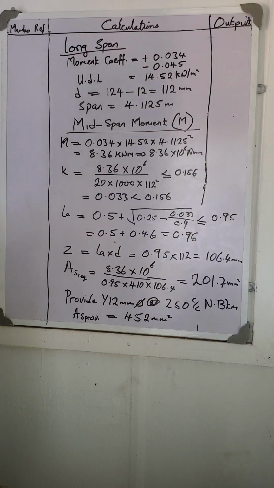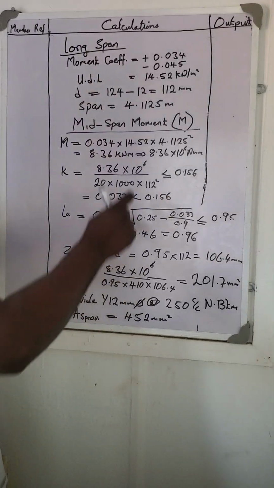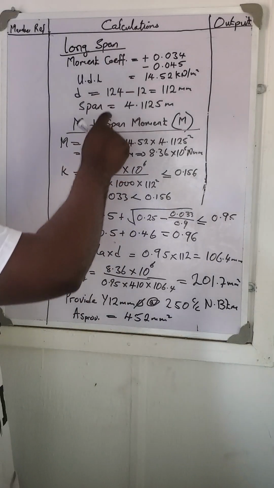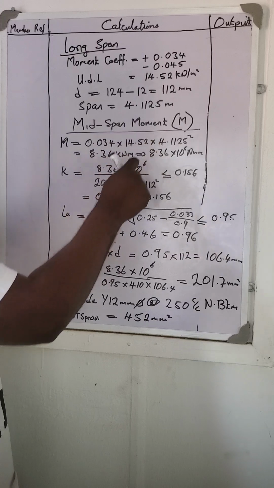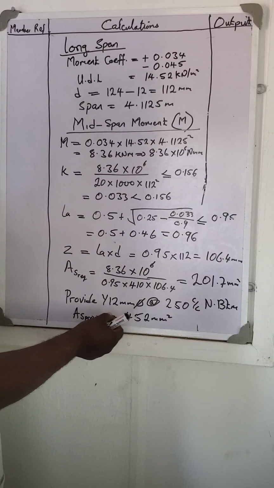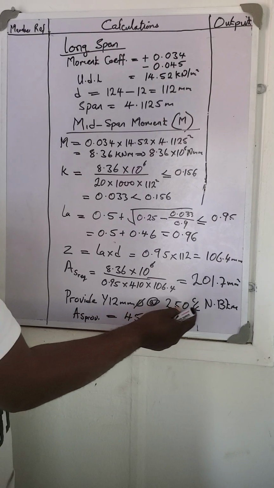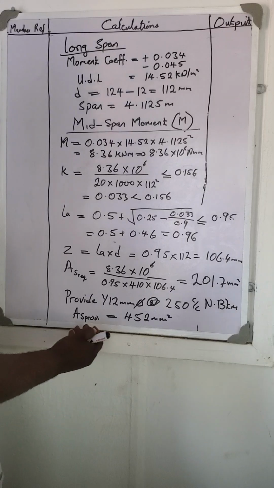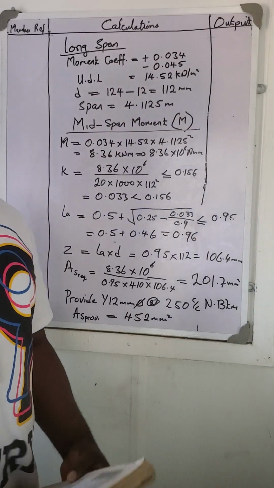So we have been able to analyze the midspan moment of the long span. Then we provided Y12 at 250 center to center near bottom. The area is this.